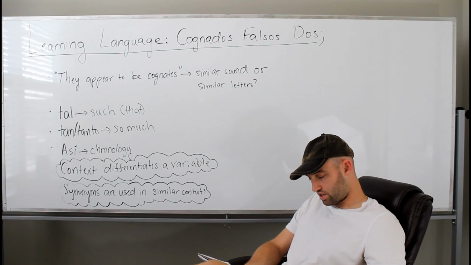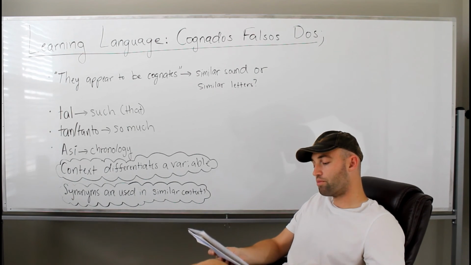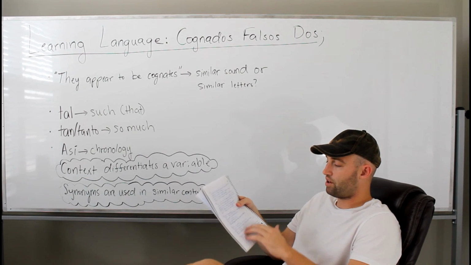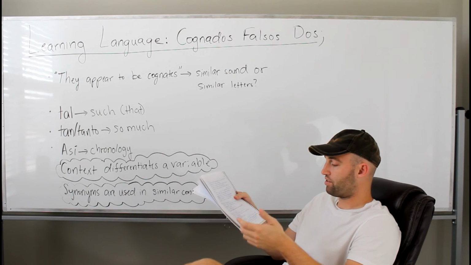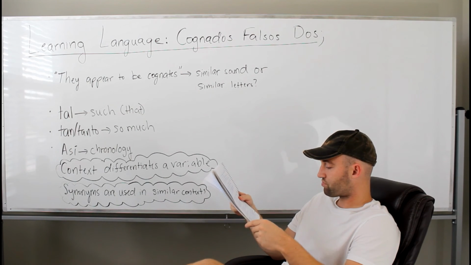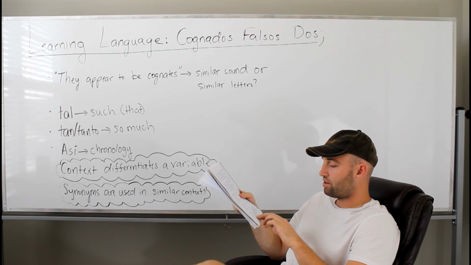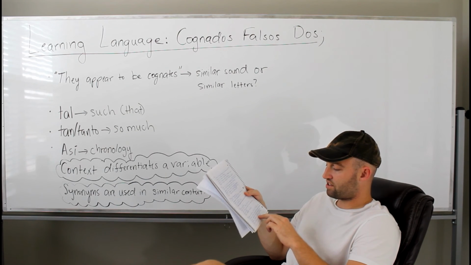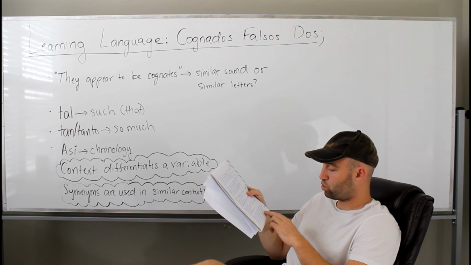Misfortune: desgracia, desdicha, desventura. I didn't look up the different ones, but this is where I have similar context and use similar words. You'll say misfortune translates to desgracia, desdicha, desventura.